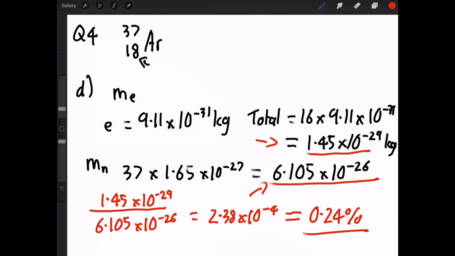The total mass of the electrons compared to the total mass of the atom is going to be very small. So 0.24 sounds about right. It's probably why we don't account for it very often. We don't really do much with it. Okay.